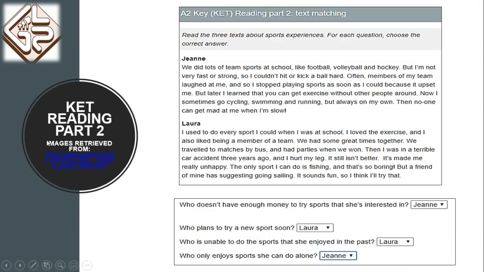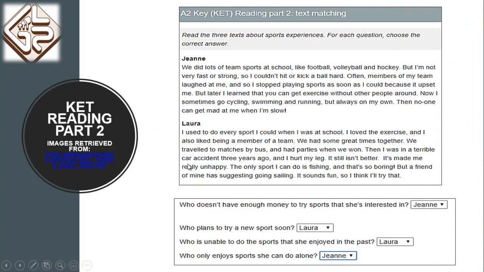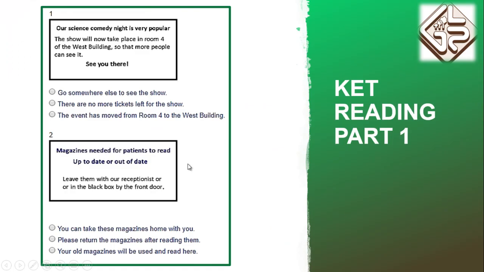What do you think, guys? So what would be the main intention of this? You can take magazines home with you, please return the magazines after reading them, or your old magazines will be used and read here. I would say it is C.